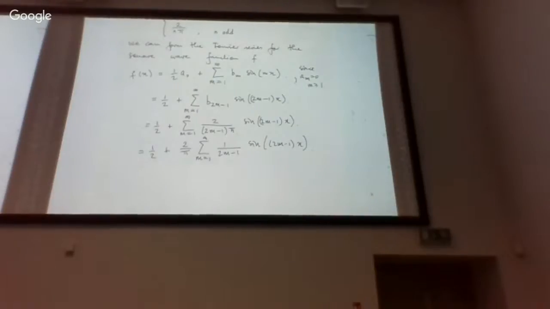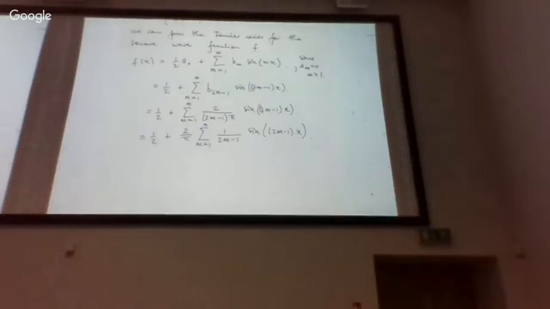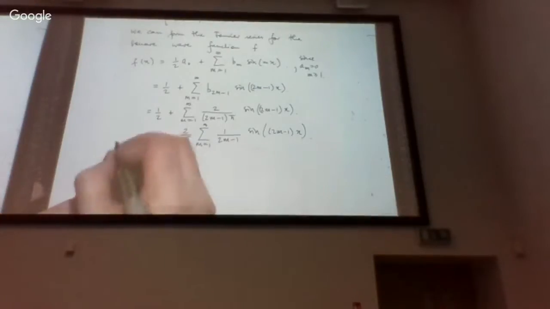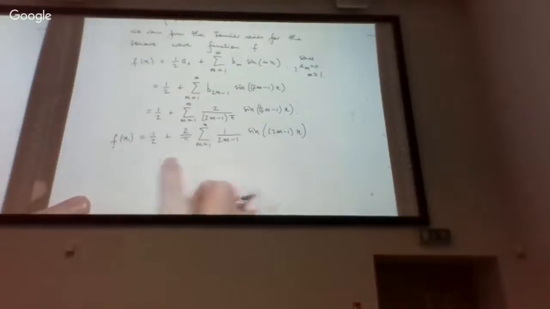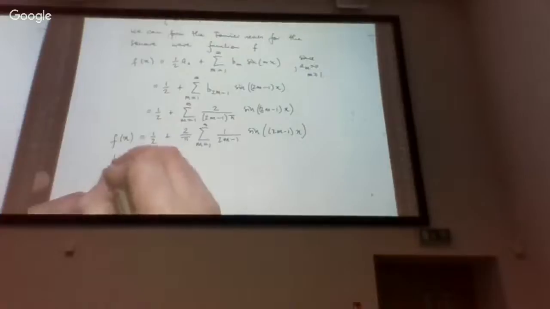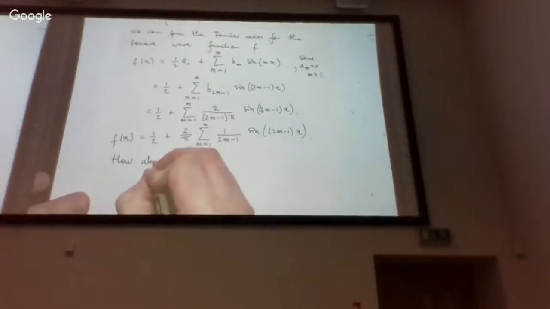There's an interesting result we can extract. What we've got here is an equation, the Fourier series for this function. So how about we evaluate this?